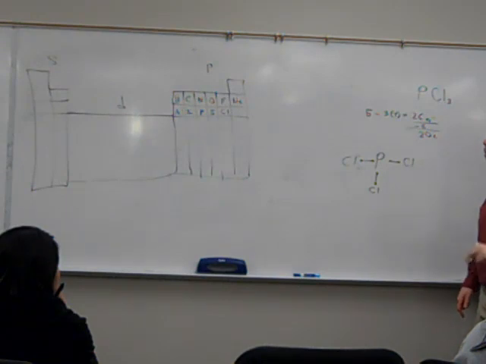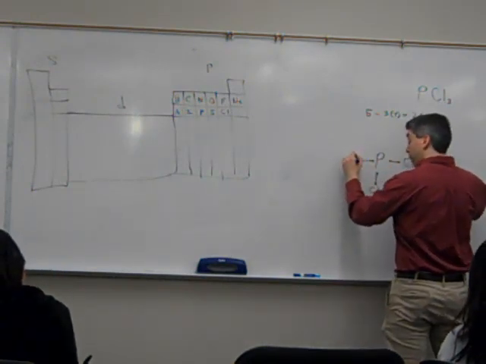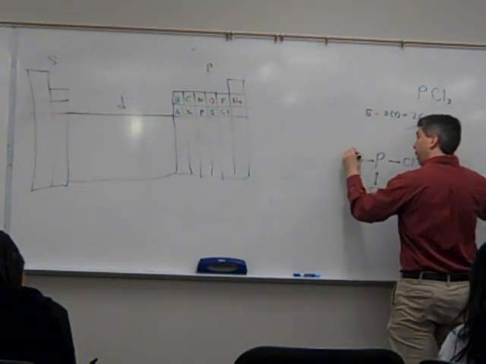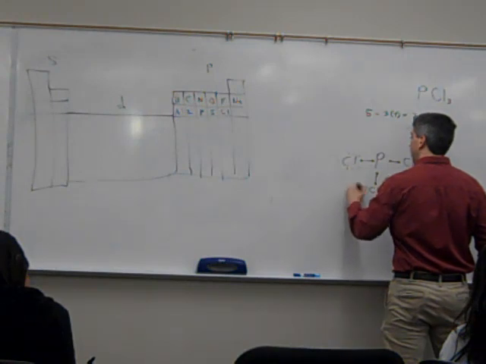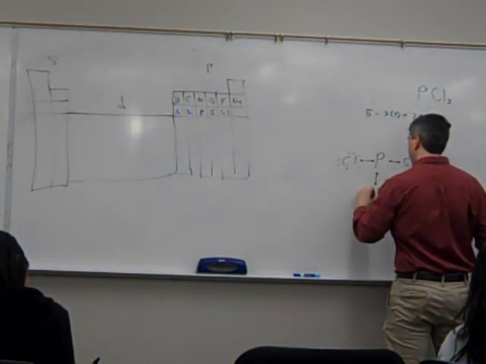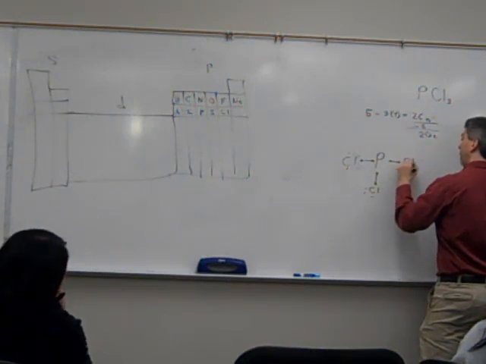Must be in pairs. So 2 by 2, I'm going to add 20 electrons here until I can't add any more. Okay, so 2, 4, 6, 8, 10, 12, 14, 16, 18, 20.